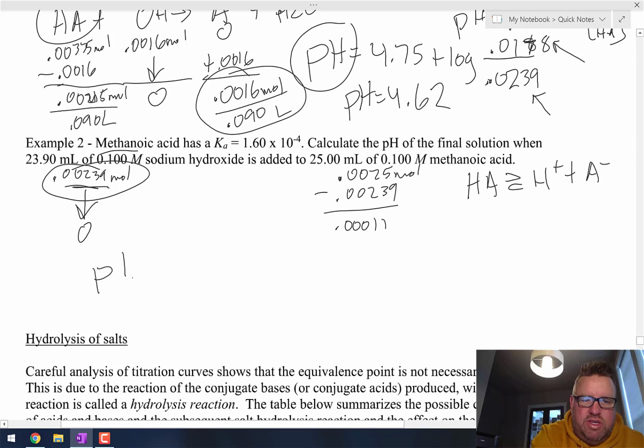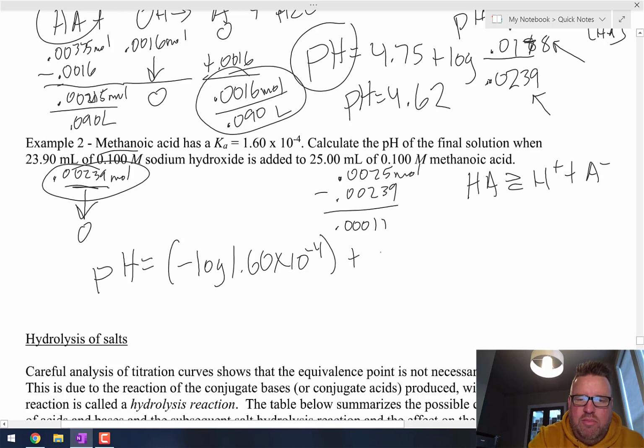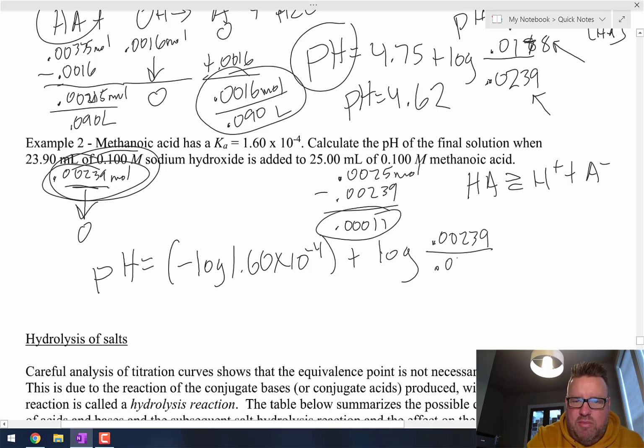So again, using the Henderson-Hasselbalch equation, pH equals the pKa, the negative log of 1.6 times 10 to the minus fourth, plus the log of the conjugate base on the top, 0.00239, over the acid, very, very small, 0.00011.